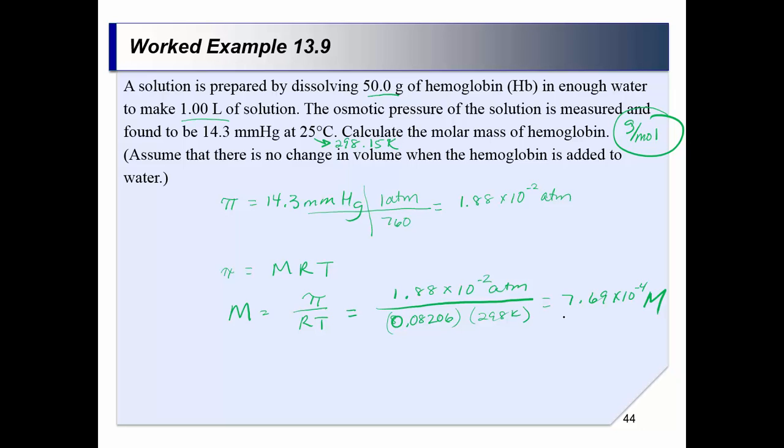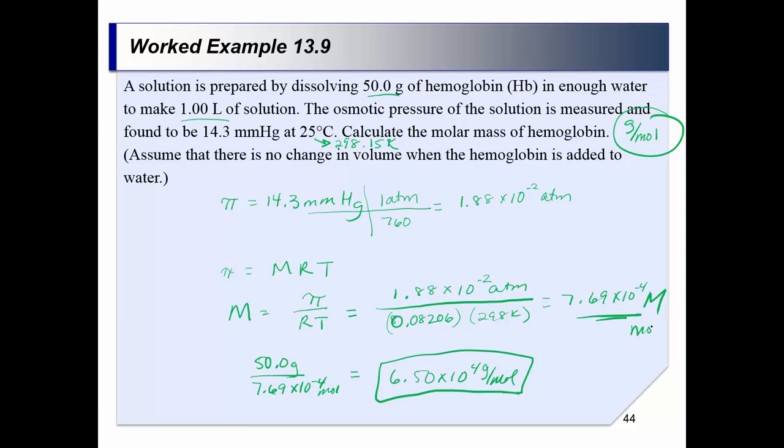We were given 50.0 grams, and we have 7.69 times 10 to the negative 4 moles. So I get 6.50 times 10 to the 4th grams per mole. So that is the molar mass of hemoglobin. Now again, this is moles per liter. We have 1 liter, so this is also equal to the value of moles.